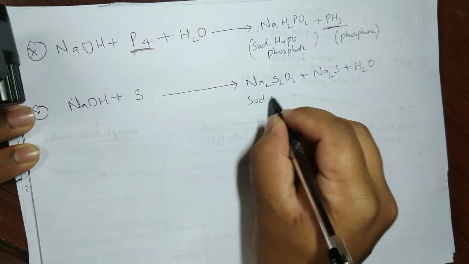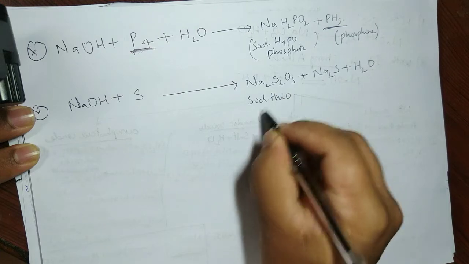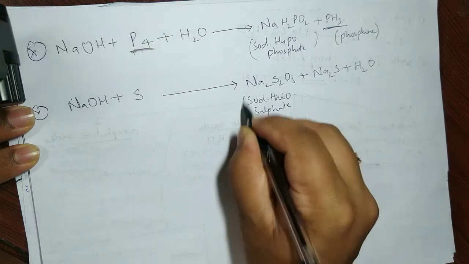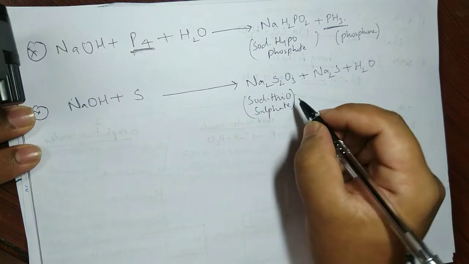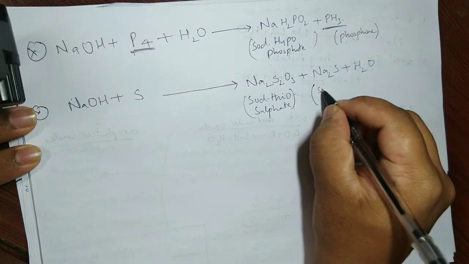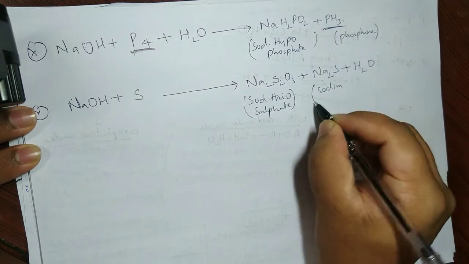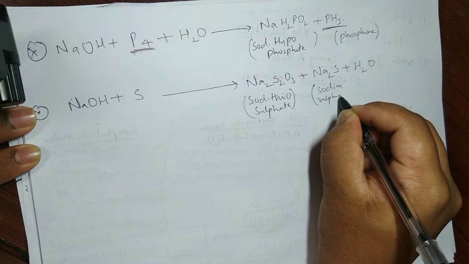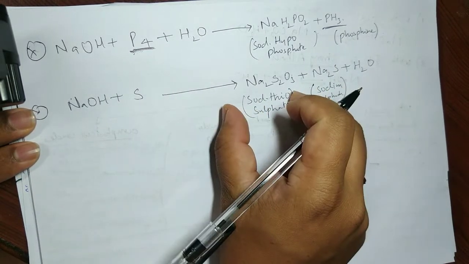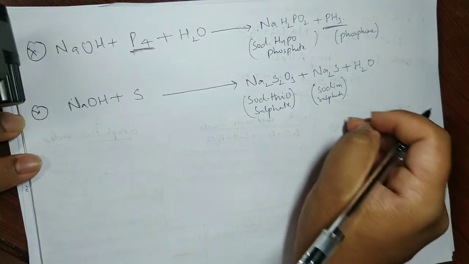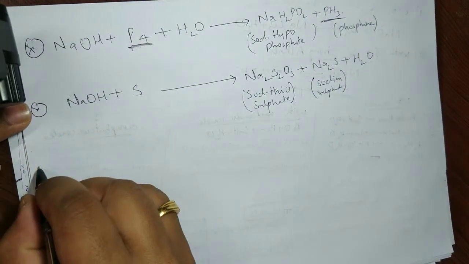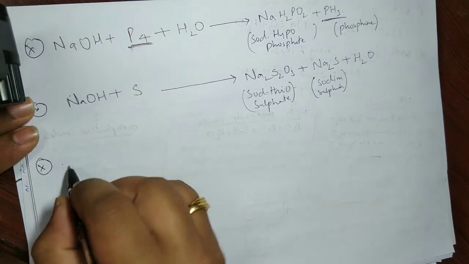So sodium thiosulfate, which is one of the important special compounds that we have to study, and the other one is sodium sulfide. So with sulfur, sodium thiosulfate and sodium sulfide plus water as usual.